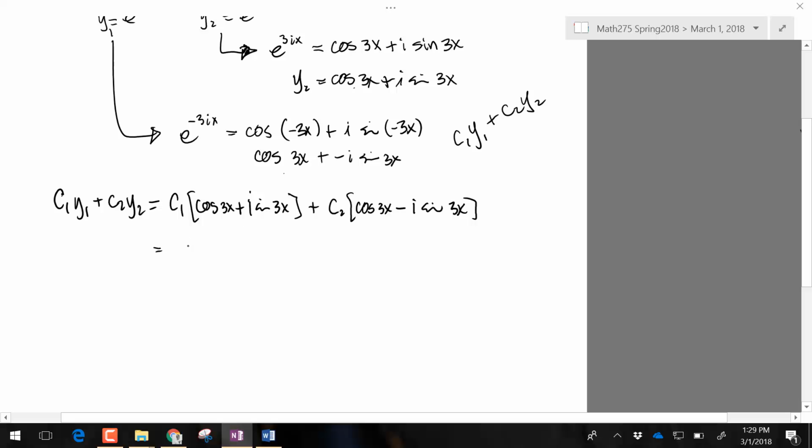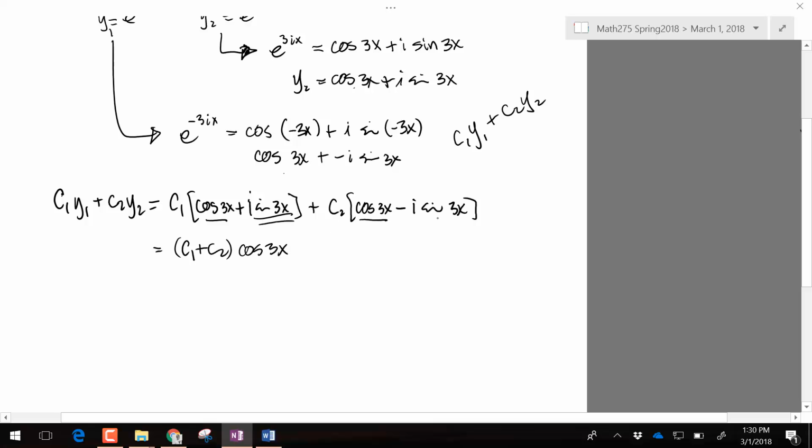What do we have? C1 cosine 3x plus C2 cosine 3x. Oh, wait, we could just factor out a cosine 3x, right? That's C1 plus C2 times cosine 3x.